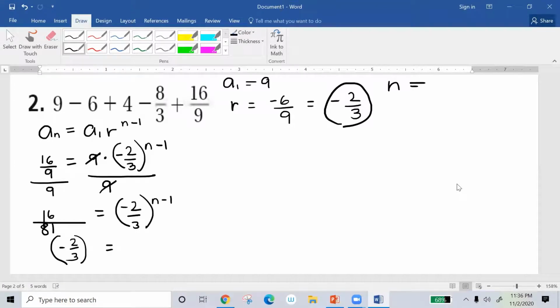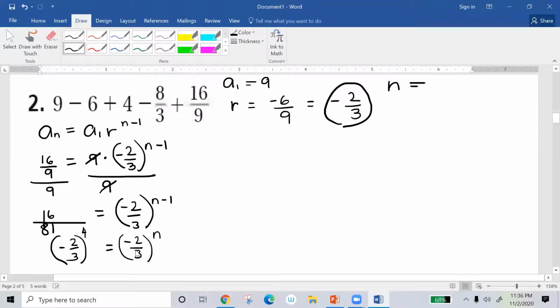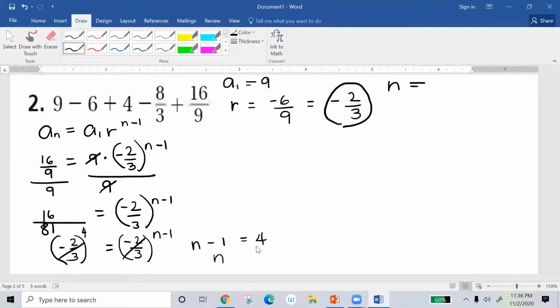We have negative 2 over 3 raised to 4. Okay, now we can cancel the base, which is negative 2 over 3. So now n minus 1 is equal to 4. Now what is our n? N is equal to 5. So it means the number of terms is 5.